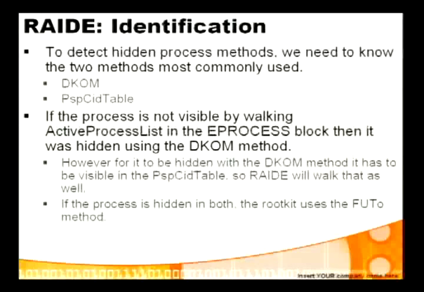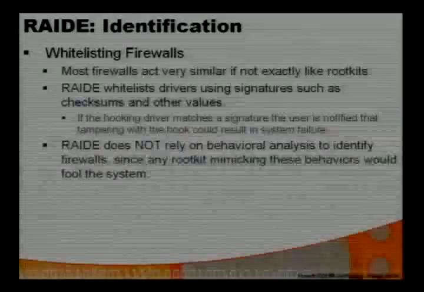Automatically we know that. However, we then check the PSP-CID table. If the process is not in the PSP-CID table, it's hidden with FU2, since FU2 combines FU and the PSP-CID table. If it is in the PSP-CID table, we know it's using the FU method, and we can then mark it and report to the user what type of method it's using, and you'll see that in the demo, hopefully.